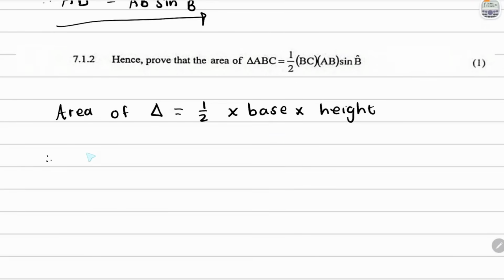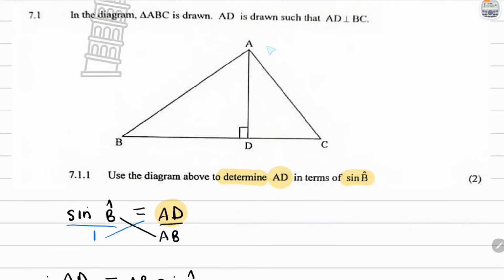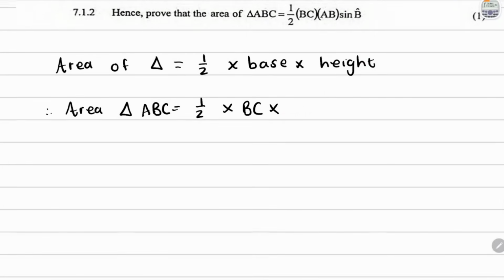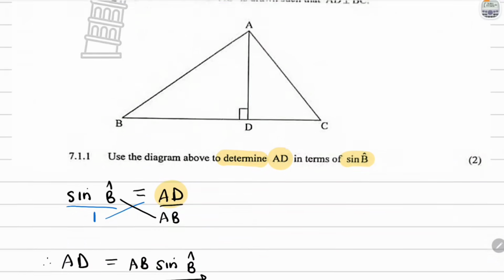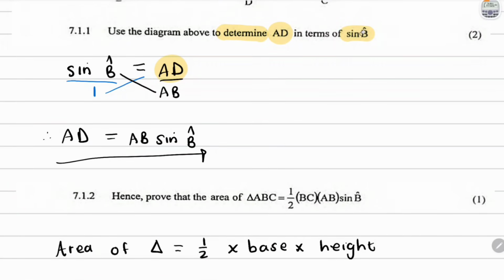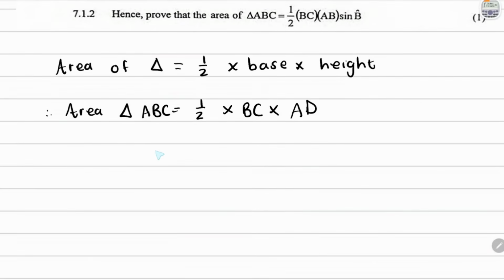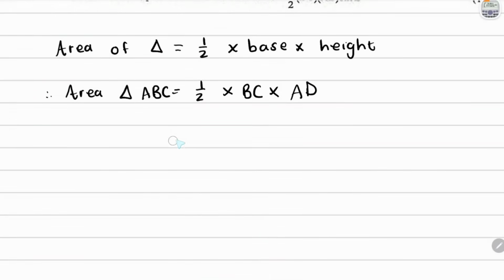We're specifically looking for the area of triangle ABC, and that is a half multiplied by, what's our base there? Our base of this triangle is BC. So multiply by BC, multiply by our perpendicular height, which is AD. But you remember that they told us to solve for AD in terms of sine of angle B. So let's use that. I will say times AD first, then I'll substitute. So it's equal to a half. Since they use brackets, we might as well just do that as well.